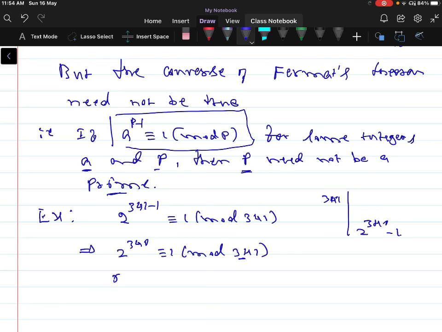But p is not a prime. So p is equal to 341, which can be written as a product of 2 prime factors, that is 11 into 31. 341 is not a prime. So therefore the converse of Fermat's theorem is not true.